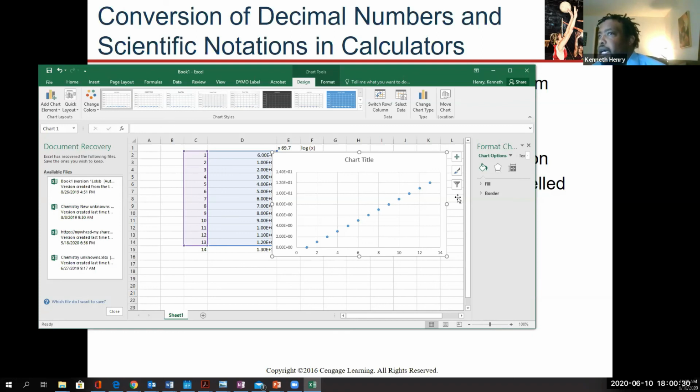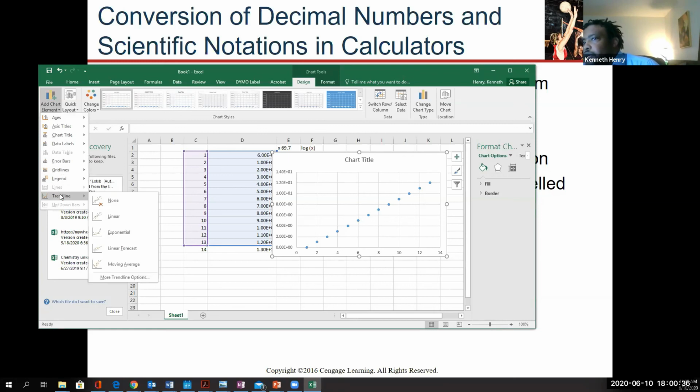Let's say I want to draw a line. I'll go up here to add chart elements. I go under trend line. I have options of the type of line I want to draw, so I go to more options.